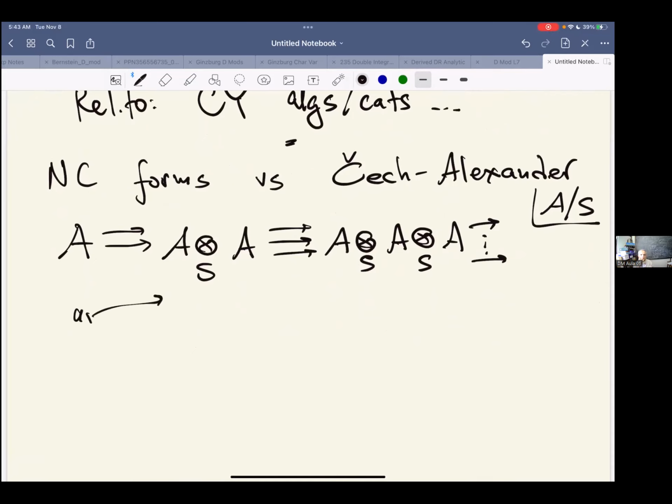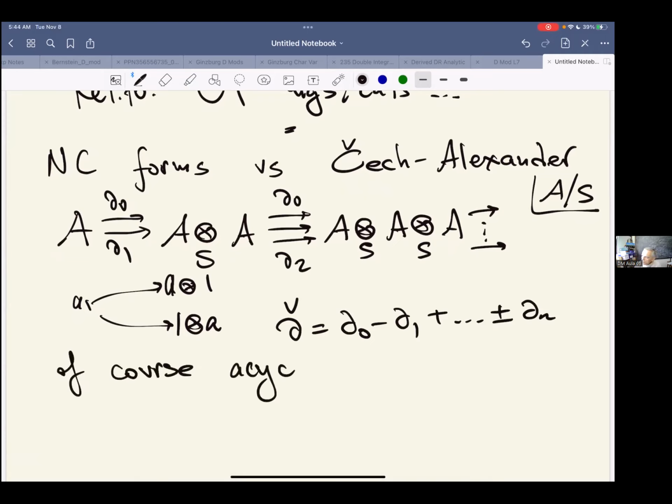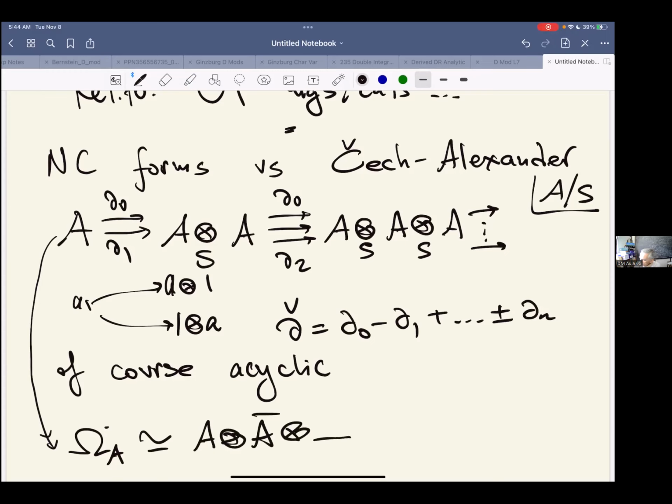So this is, for example, and again, maybe note that of course it is acyclic, and it directly projects on non-commutative forms, correct, which are isomorphic to A tensor, A bar tensor, and so on.